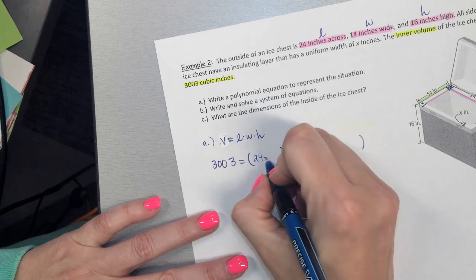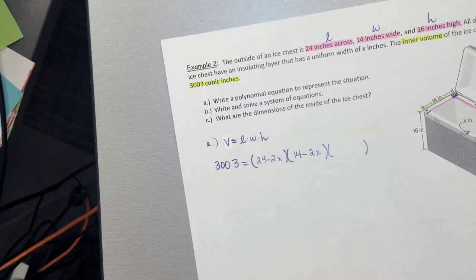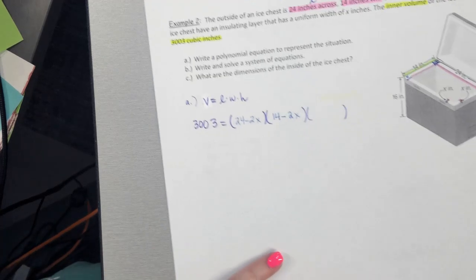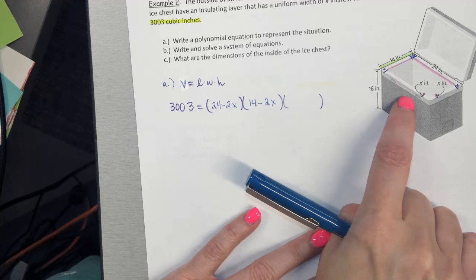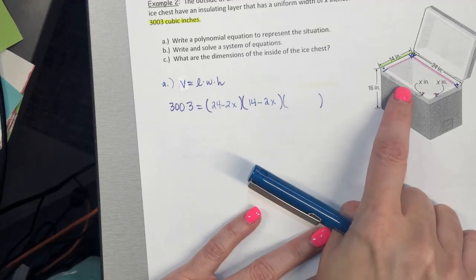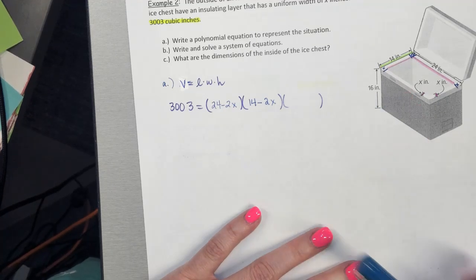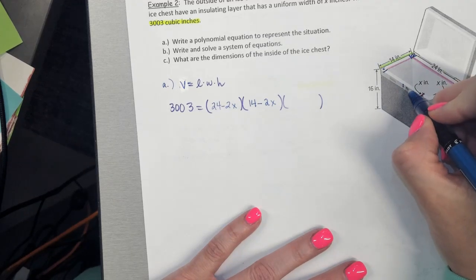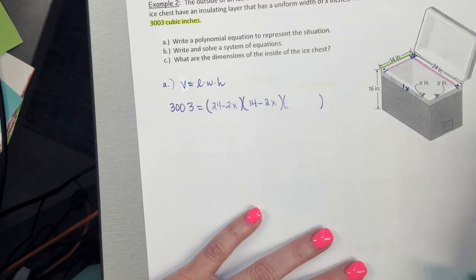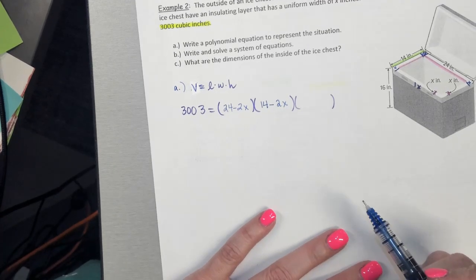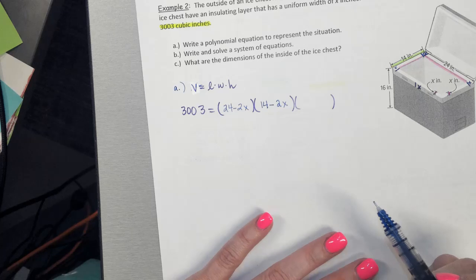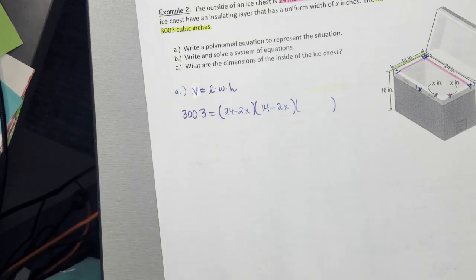I will say that the height one is a little bit tricky. Can you see here that this is a different color? This is like an insulated cube inside it. So you have the X here, and the tricky part is you can't see it, but there has to be one on the bottom too, or else the bottom would not be insulated.